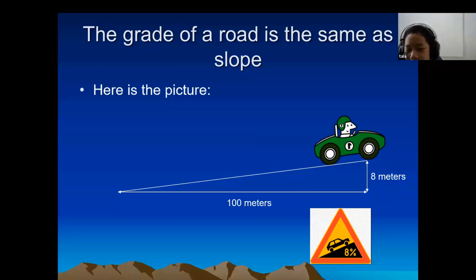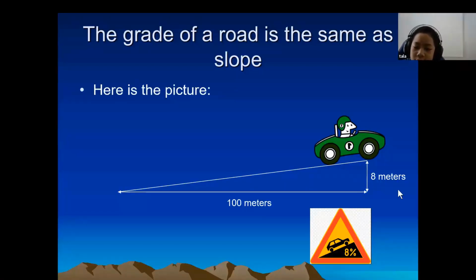The sign shows the percentage of 8/100. Okay, very good. So what can you conclude from this? You say that 8/100. So what is the 8 and what is the 100?